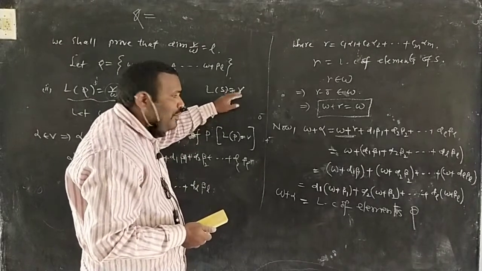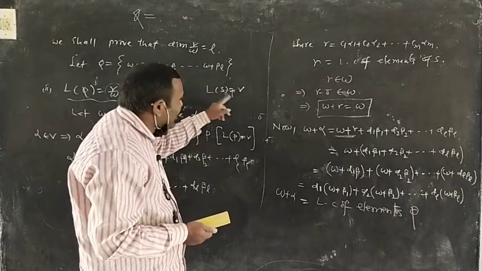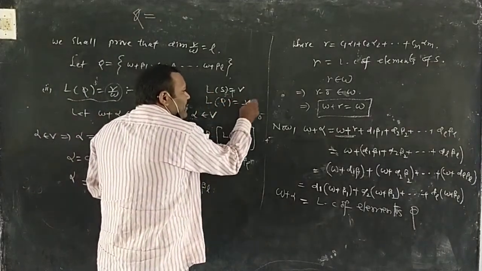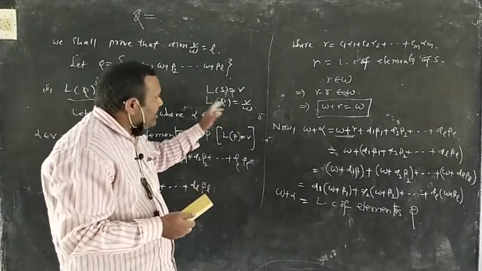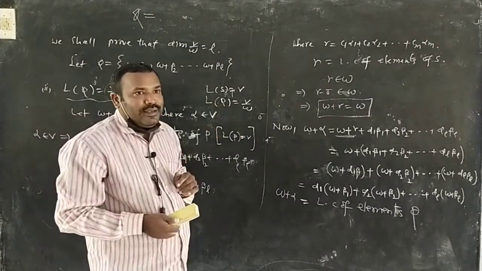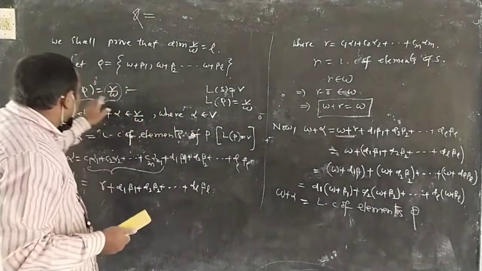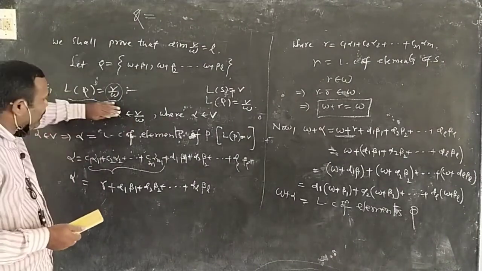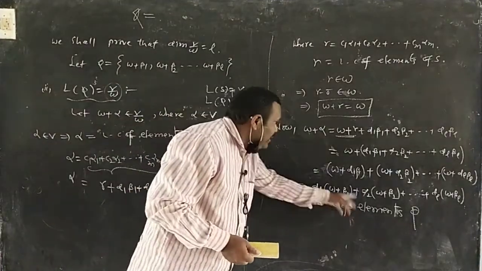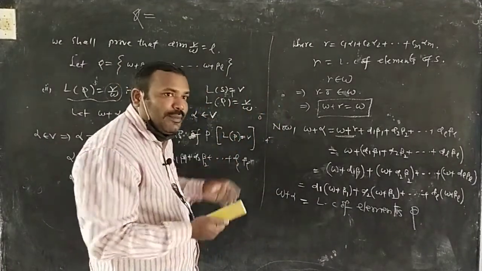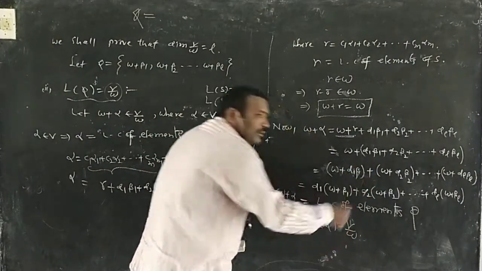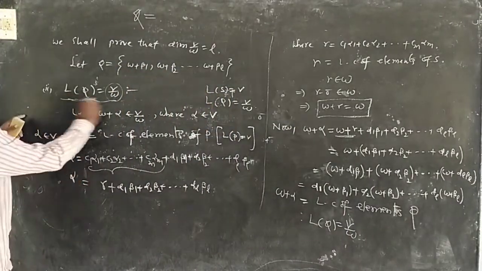Every element of V can be written as a linear combination of elements of S, then you can write L of S equal to V. When do you say L of Q equal to V by W? If every element of V by W can be expressed as a linear combination of elements of Q, you can write L of Q equal to V by W. W plus alpha is taken in V by W. W plus alpha is a vector in V by W that is expressed as a linear combination of elements of Q. That means L of Q equal to V by W. That is to be proved in this part.